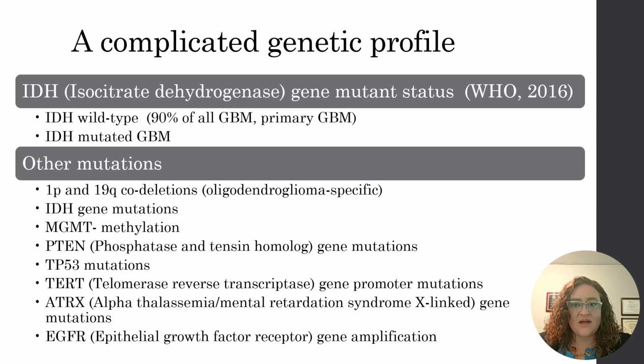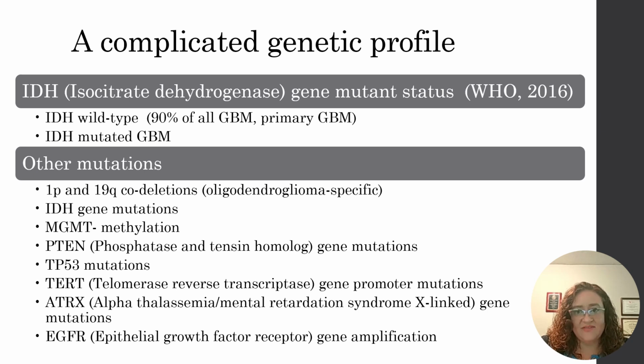So the wild type makes up 90% of all glioblastomas, and the wild type is much more aggressive and is less susceptible to any kind of treatment, but especially chemo just does not work on the wild type for the most part. And then the mutated, if they have the IDH mutation, then that can actually increase their lifespan.